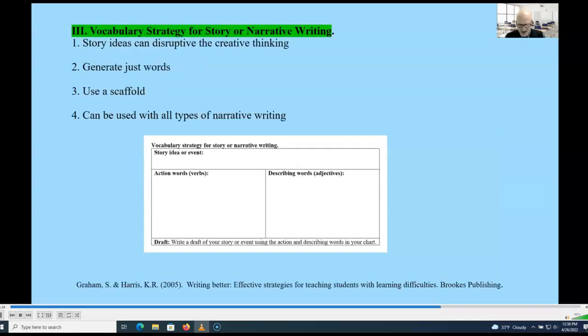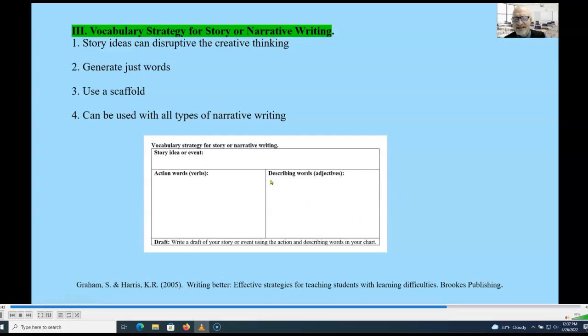The vocabulary strategy is based on the work of Graham and Harris. Sometimes you have a story idea, but you don't know where the good idea might go. So this vocabulary strategy can be used with any type of writing activity. Here you generate words, just the words, and that's used as a scaffold. That becomes a pre-writing activity.